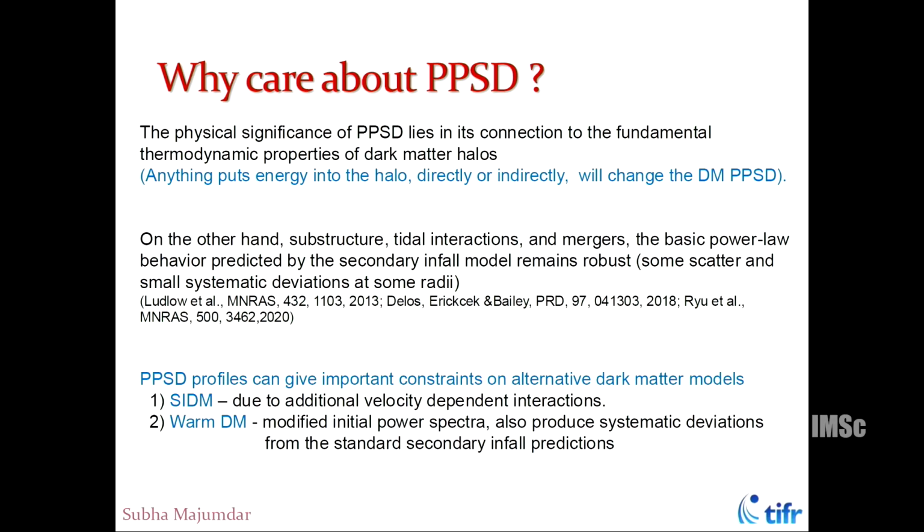If I have self-interacting dark matter, it will add some velocity interactions. It can change the PPSD. So you can use PPSD to look at your SIDM. For warm DM, the initial power spectrum is different, so again there will be a change in the PPSD. So you can look at the change in PPSD to look at non-CDM models.